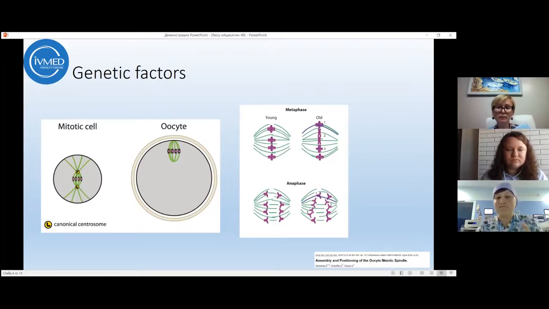Because during meiosis and during chromosome separation, we can have a lot of anomalies, a lot of aneuploidy, some trisomy, some monosomic variants.